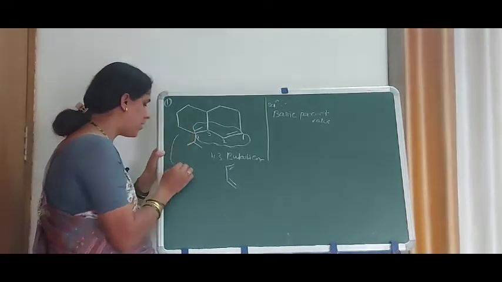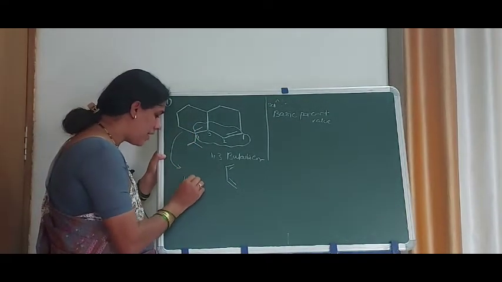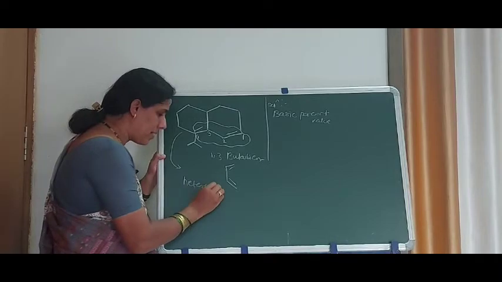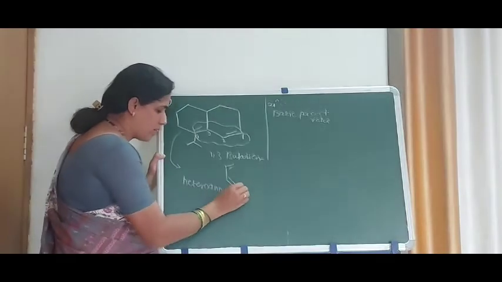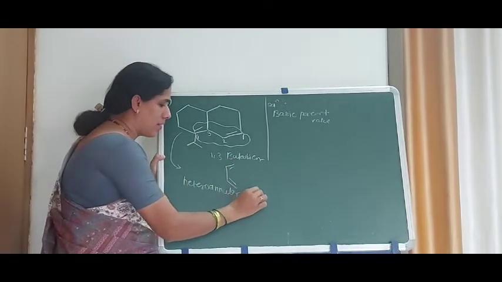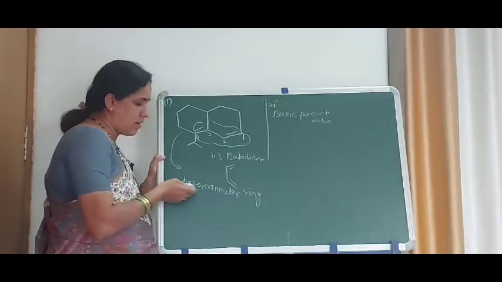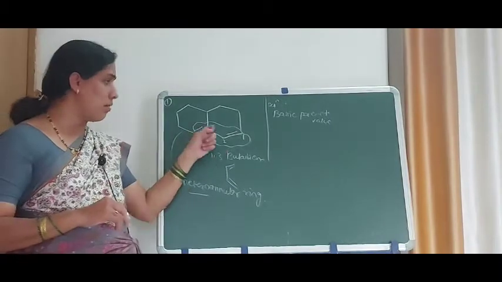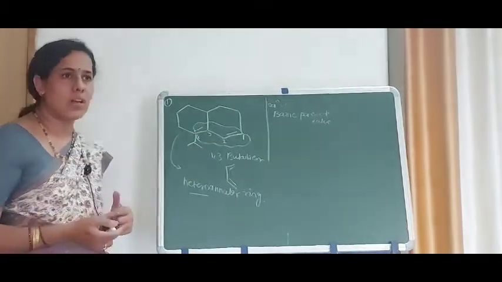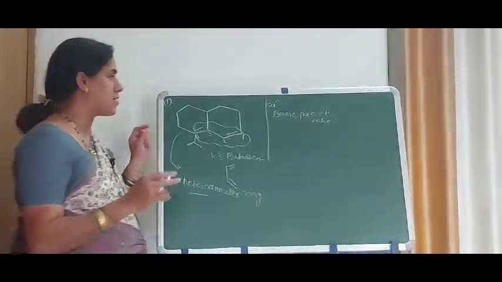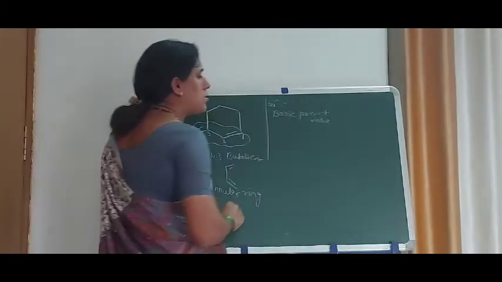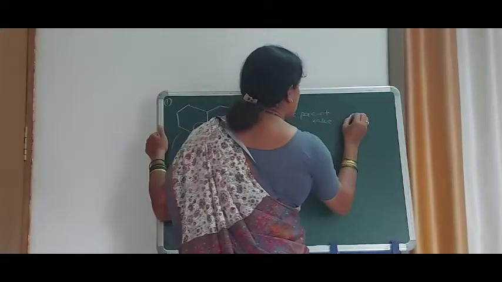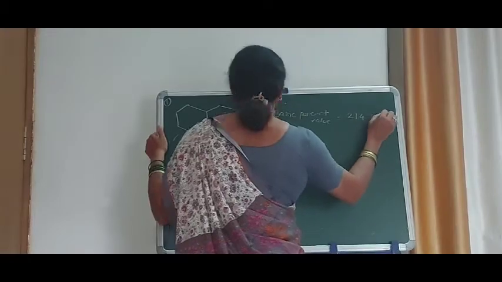That is, this compound has a heteroannular ring structure. Hetero means two different rings. Correct? The two double bonds in conjugation are present in two different rings. For that, according to the rules, we add here 214 nanometers.